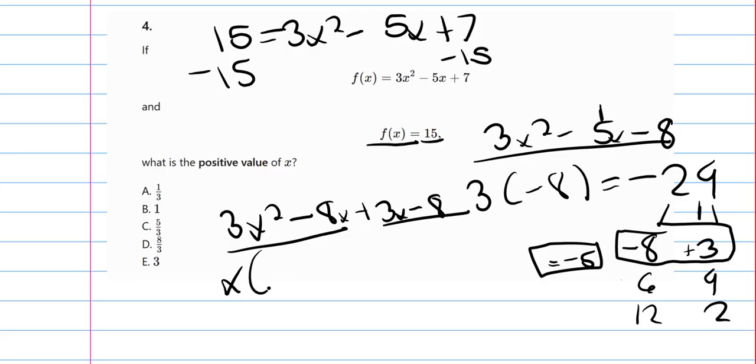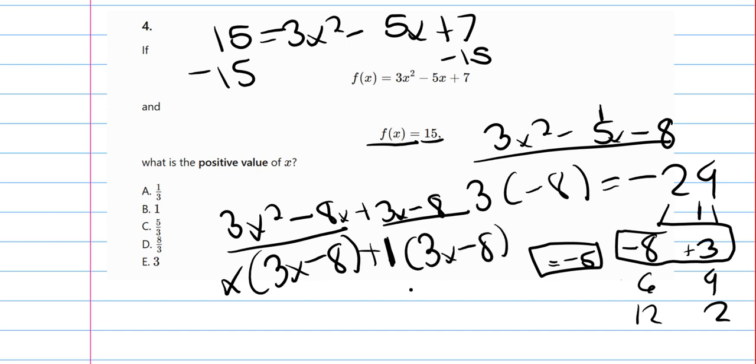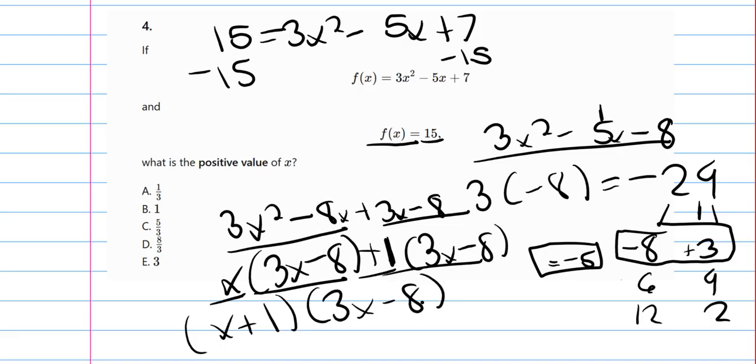So factor out x, and that would be 3x minus 8. And the second one would be 1 times 3x minus 8. So now we're just going to use these two terms and combine them, and that would be a binomial, and get one here. Since they are the same, just get one. You don't need both of them.